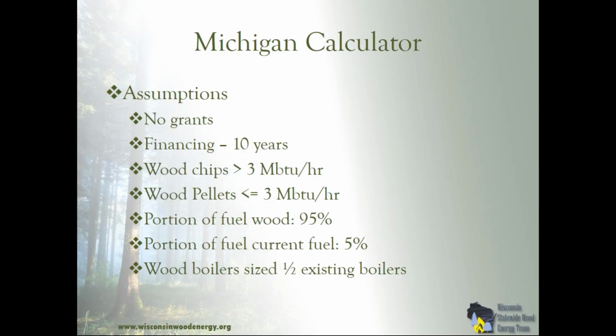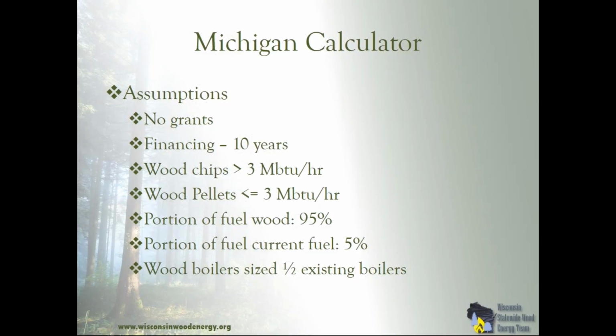It assumes no grants. If you were in Michigan, it knows what grants are available in Michigan, but since we're out of state and you've got to pick that as a location that you're out of state, it doesn't know what grants are available. It assumes 10-year financing. Wood chips if you're over 3 million BTUs, wood pellets if you're under.